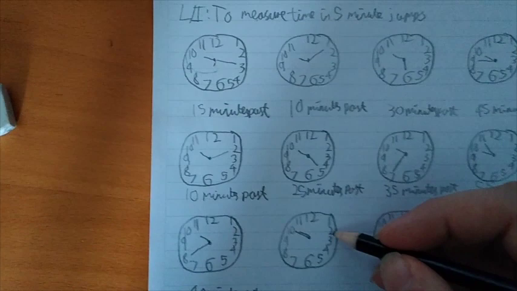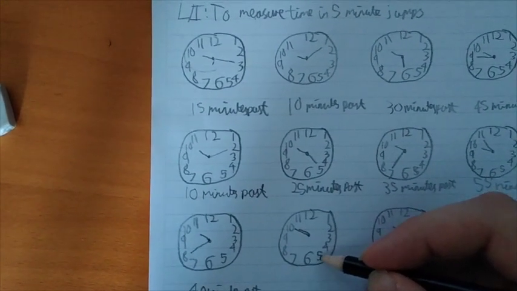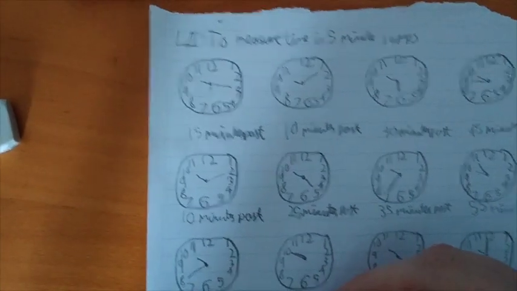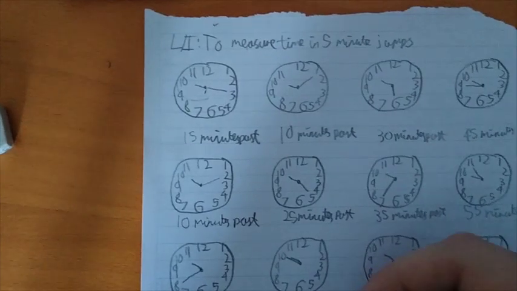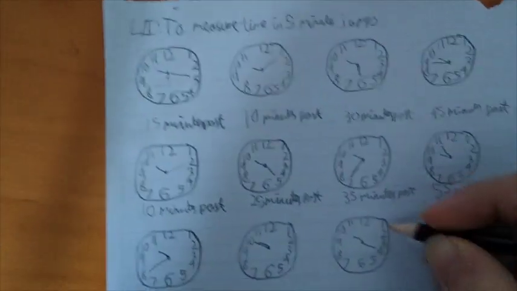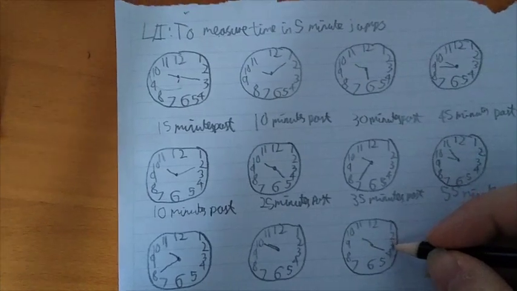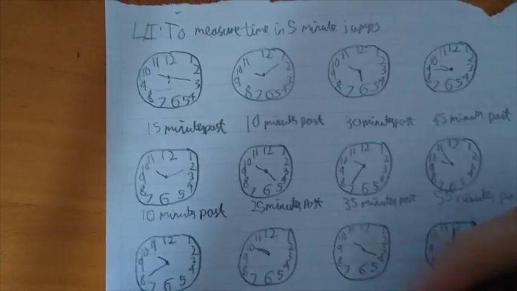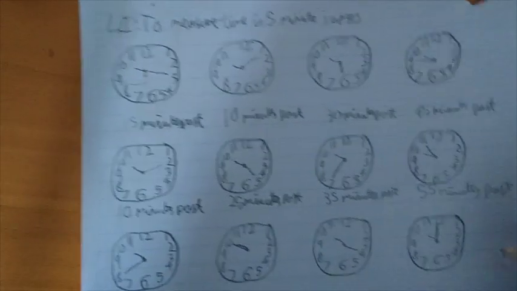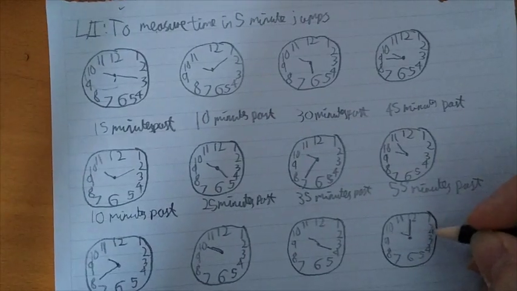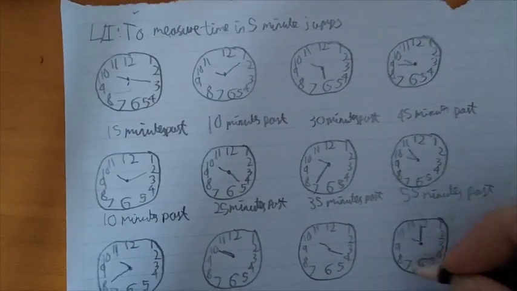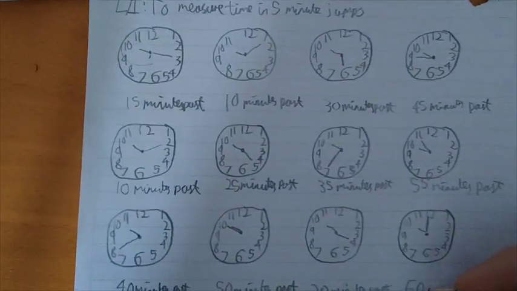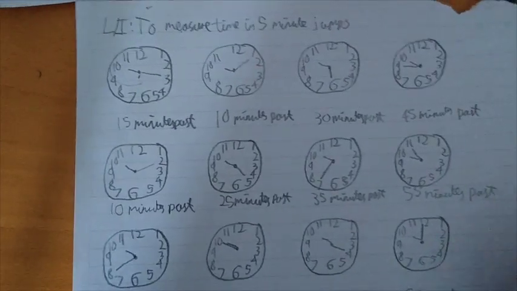So 5, 10, 15, 20, 25, 30, 35, 40, 45, 50. 50 minutes past. 5, 10, 15, 20, 20 minutes past. And 5, 10, 15, 20, 25, 30, 35, 40, 45, 50, 55, 60. 60 minutes past.